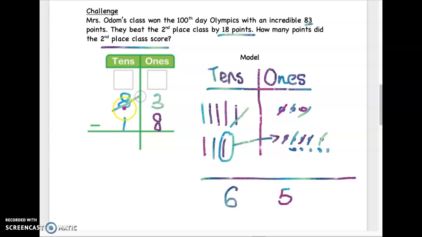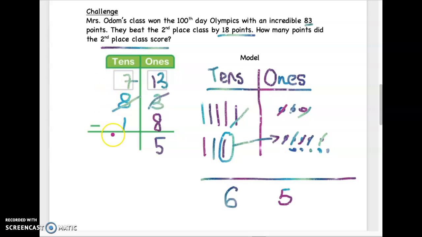I'm going to break apart one of my 10s, leaving me with 7 tens. One of those 10s is going to become 10 ones. 10 ones plus 3 ones is going to give us 13 ones. 13 minus 8 is going to give us 5. 7 minus 1 in our 10s is going to give us 6. So we also got 65.